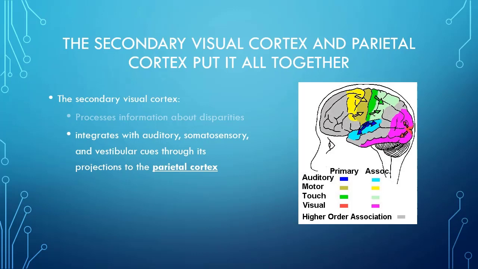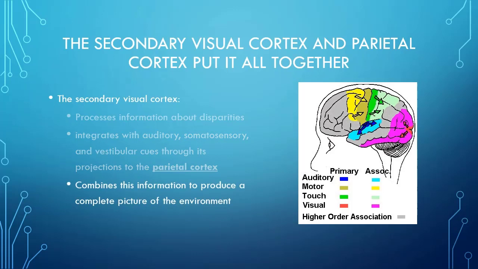So the integration of a lot of this information happens from projections that come out of the secondary visual cortex, especially to the parietal cortex, which is considered a higher order association area. And without making it too complicated, because many of these things are at the limits of our understanding in neuroscience, you should think of what's happening is that our brain is beginning to put together a complete sensory picture of what's going on in and around our body.